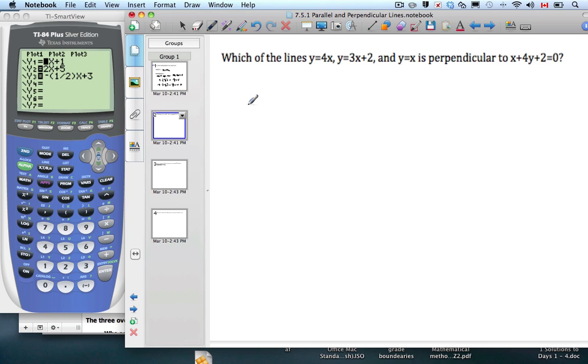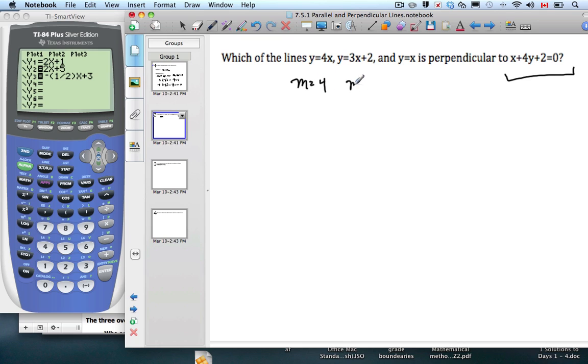Which of the lines, y equals 4x, y equals 3x plus 2, and y equals x is perpendicular to this line? Well, if I'm going to find the perpendicular, I need to look at their slopes, because I want the slopes to be opposite reciprocals. Okay, so the slope of this line, that one's easy. It is 4.